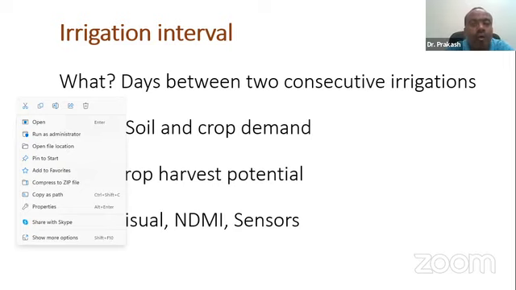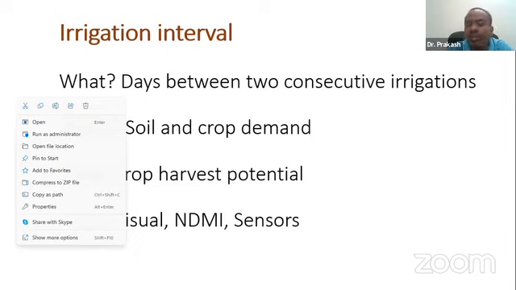Then how can we decide the irrigation intervals? There are some instruments and different sensors available in the market that can help fix the irrigation interval. Then GIS based technology, like NDMI, the Normalized Difference Moisture Index, can also help us monitor our field better with the help of GIS technology.